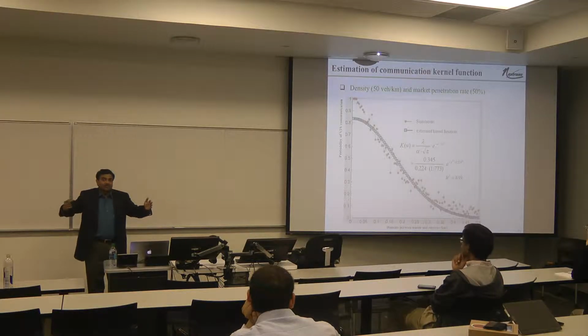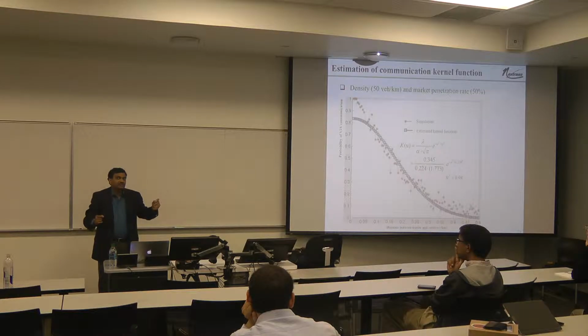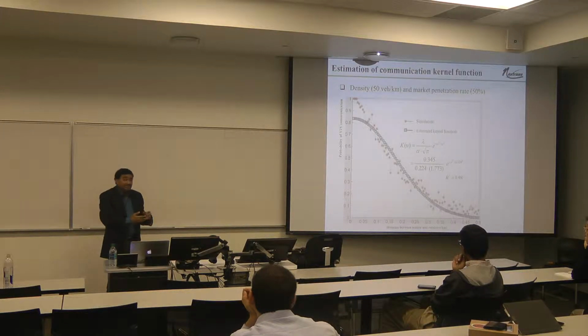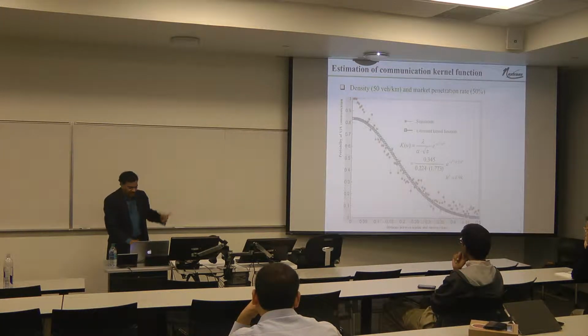We do 1,000 Monte Carlo simulations for each case. So the center vehicle has a range of 500 meters, and then there's a receiver vehicle, and the rest of the vehicles are randomly placed. So 1,000 times we do this, and we are able to determine the probability of the communication happening.